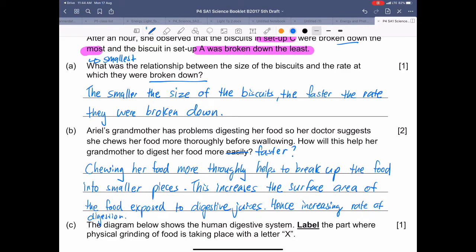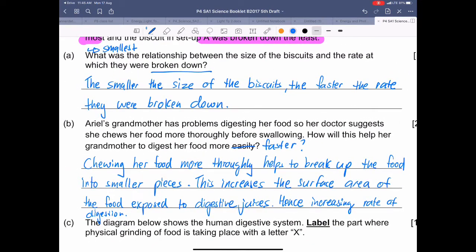So chewing her food more thoroughly helps to break up the food into smaller pieces. Now you have to tell me that these are smaller pieces. This increases the surface area of the food exposed to digestive juices, hence increasing the rate of digestion. So what happens here is we're using a new strategy known as cause and effect. As you can see at the beginning, because the food became smaller, we say that this is the cause, C-A-U-S-E.